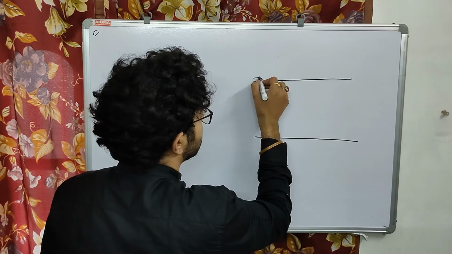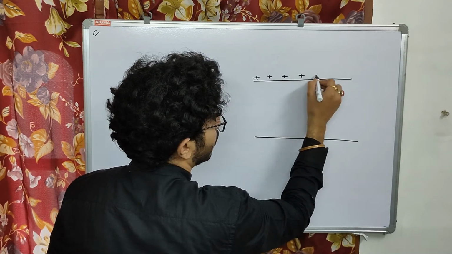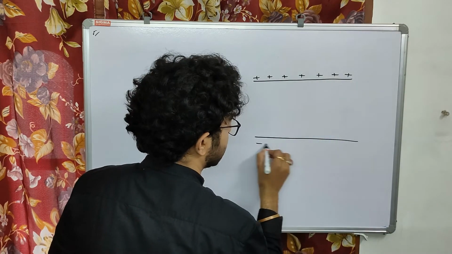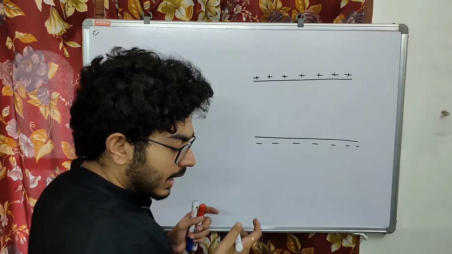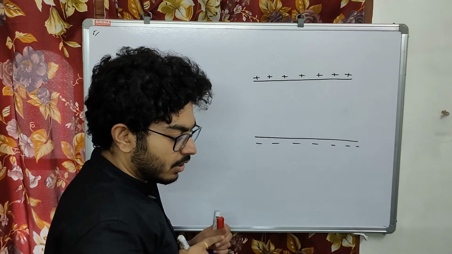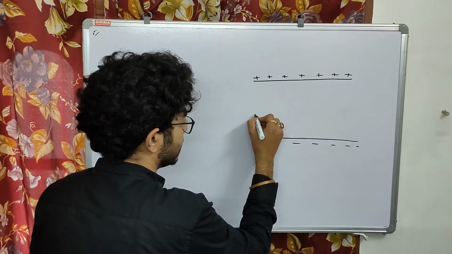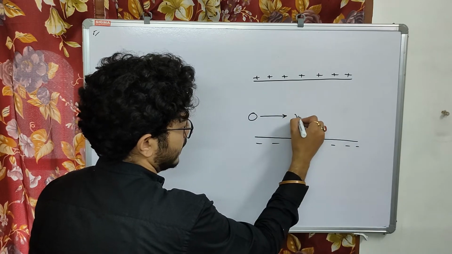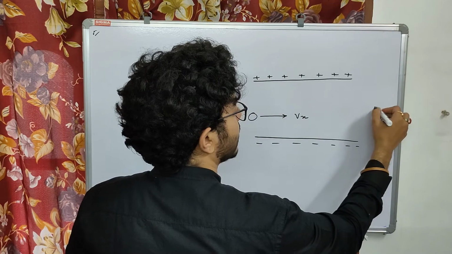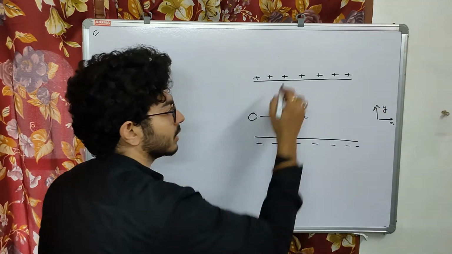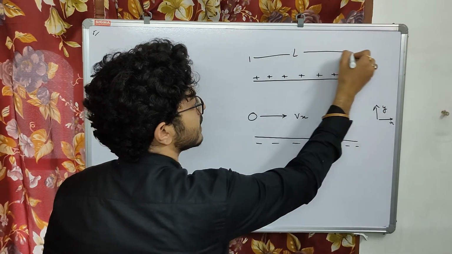This plate is positively charged, and this one is negatively charged. Now a particle of mass m enters in vx direction. This is x-axis and this is y-axis. So length of this plate is given as L, right?